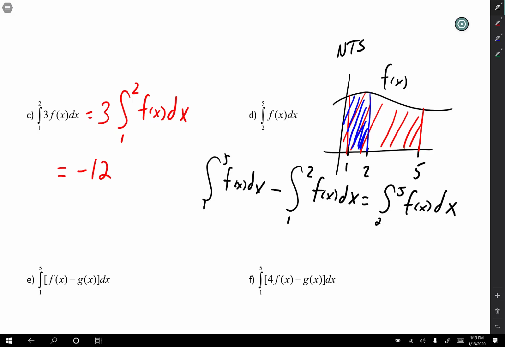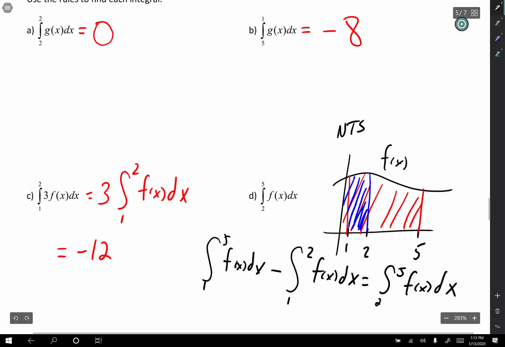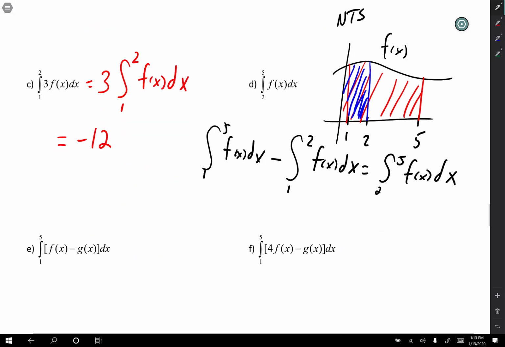I have the area from 1 to 5. That was given to me. What's the area from 1 to 5 of f of x? 6. So I'm going to write 6. I'm even going to color code it. 6 minus, well, the minus should be black, right?